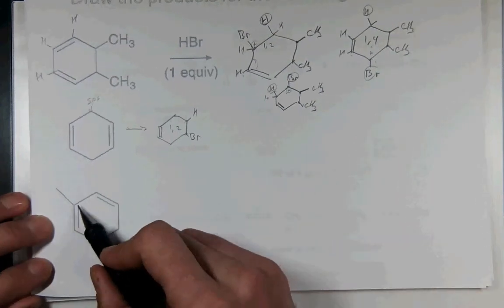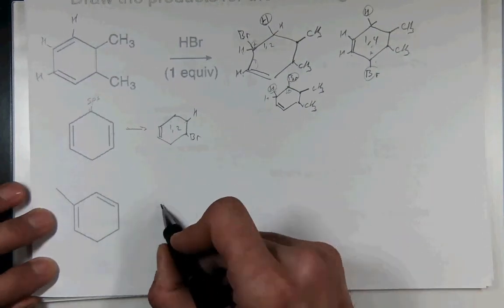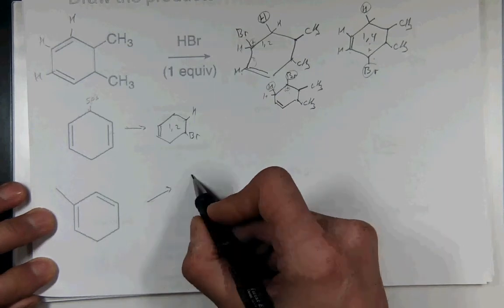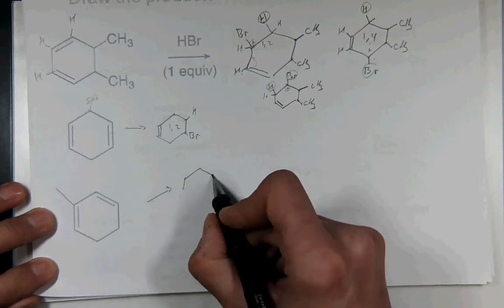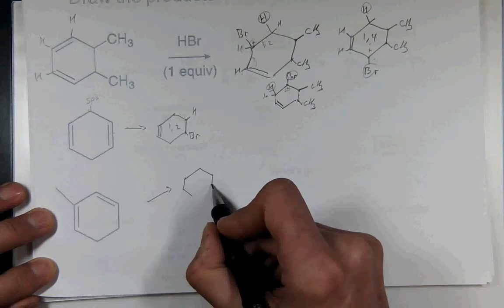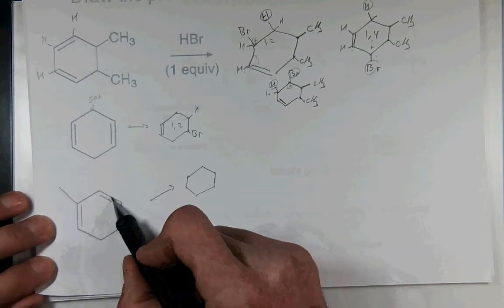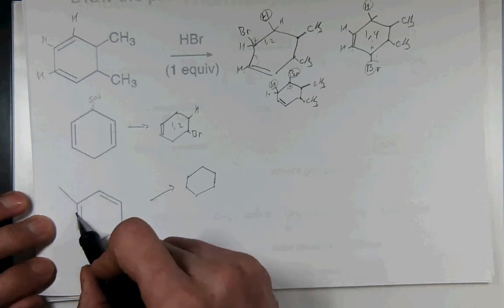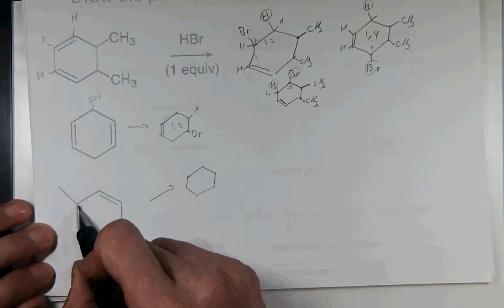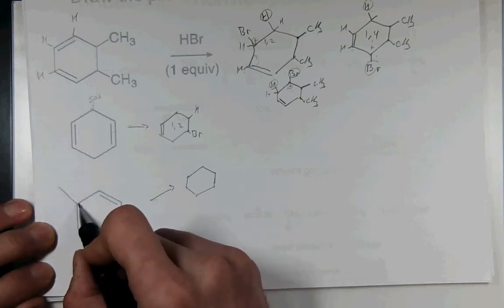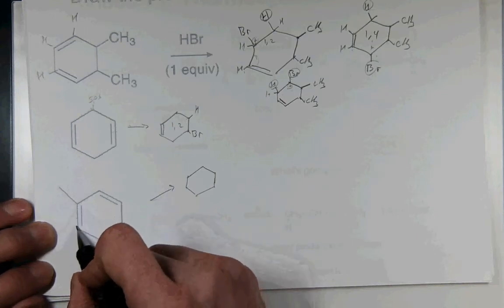This one is conjugated: double bond, single bond, double bond. So it does matter somewhat to which double bond you add to. I'm going to add to this one primarily because this is going to give us a tertiary allylic carbocation.